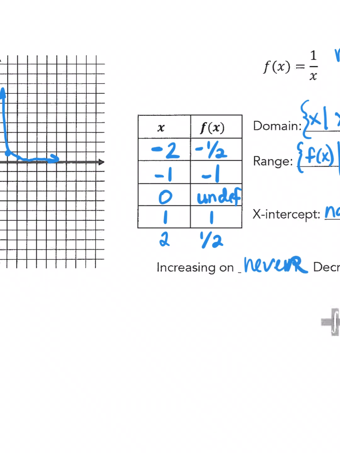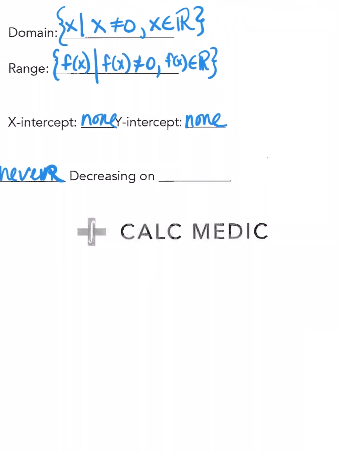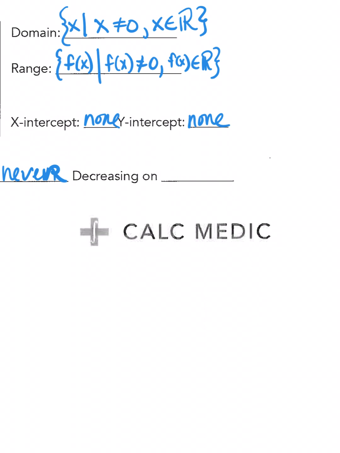Never. Where is it decreasing? Everywhere except at 0. We can't write this that way, so we have to do the intervals. So it is decreasing from -infinity to 0, and then from 0 to infinity.